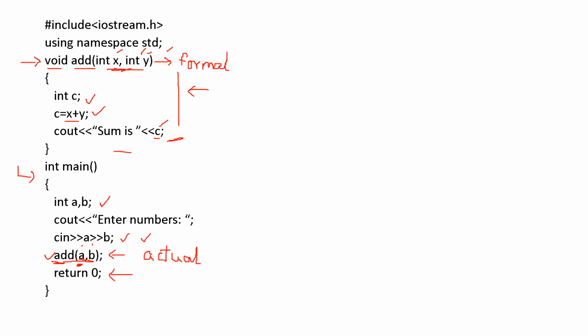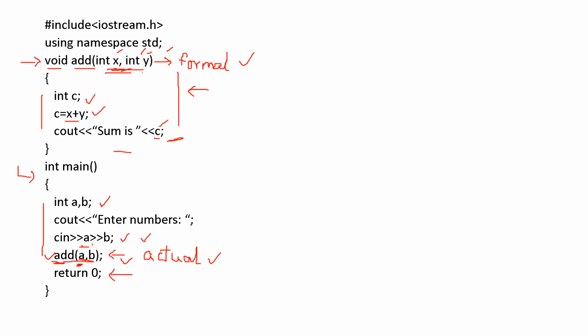In the example, add is a function, this is the definition of the function, and this is the main section. In the main section, the parameters with the function call are known as actual parameters, and in the function definition, the parameters are known as formal parameters. The values of a and b in the main section will substitute for x and y.